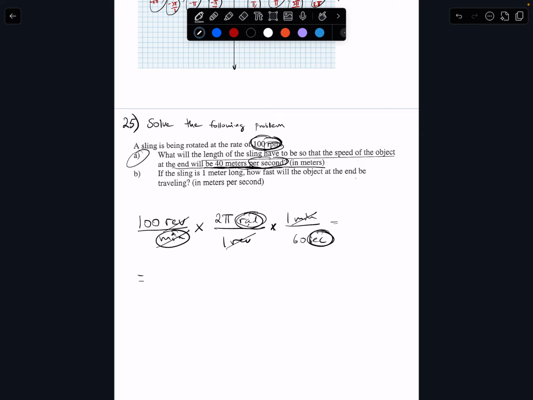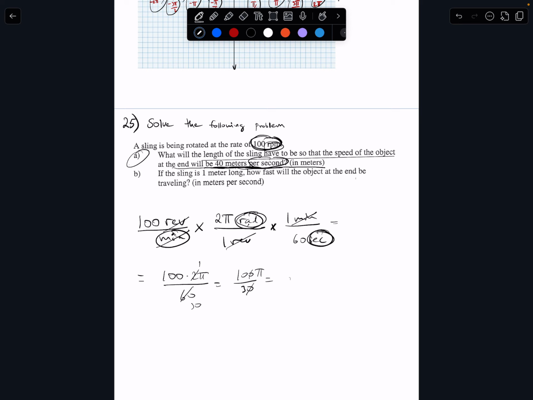So 100 times 2 pi over 60, right? Let's just put 100 times 2 pi over 60 like this. And then we'll simplify it. So this is 30, so 100 over 30 pi, don't forget the pi.